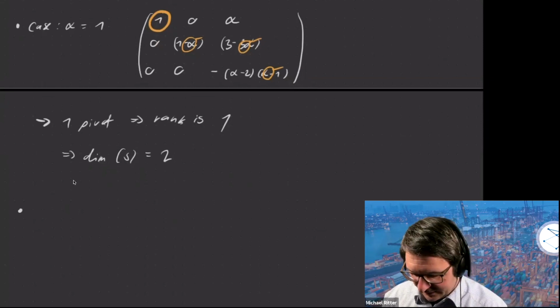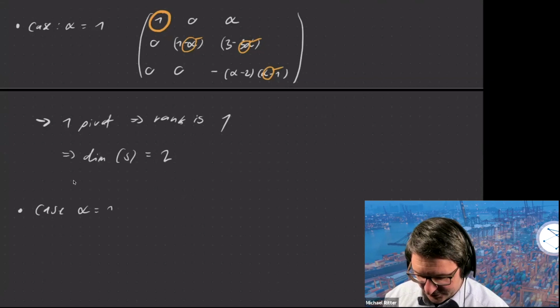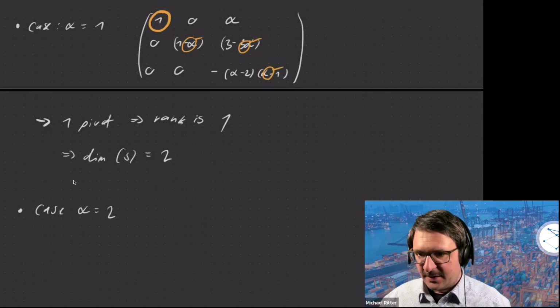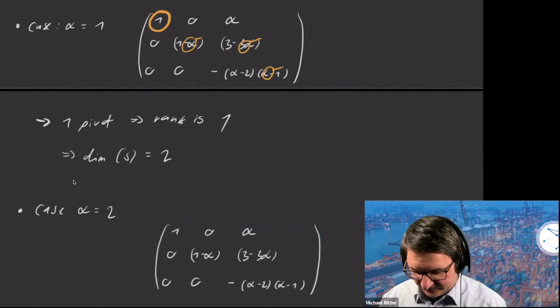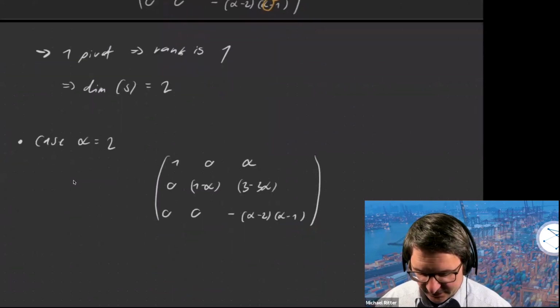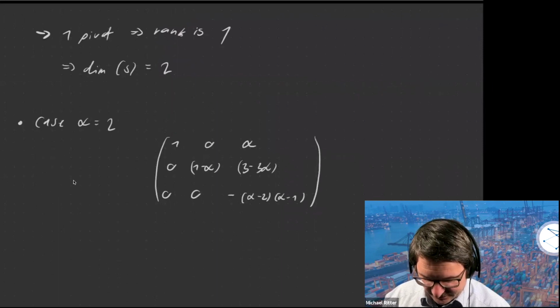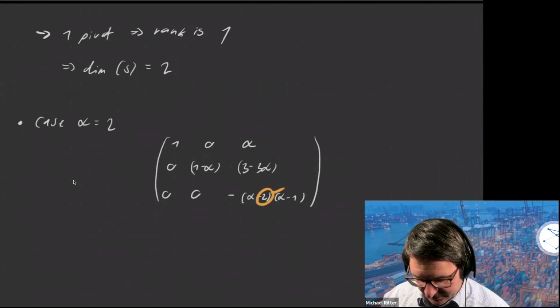And finally, for the case alpha equals 2, let's again copy that matrix here. So if alpha equals 2, then this here is again 0. But this is not.